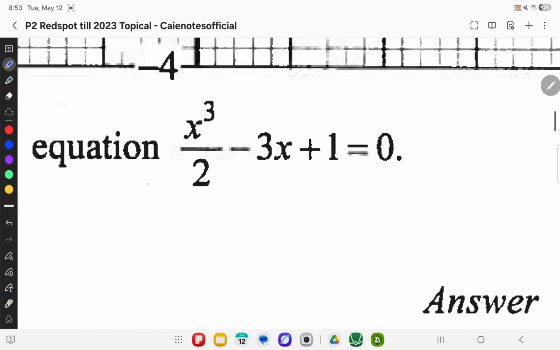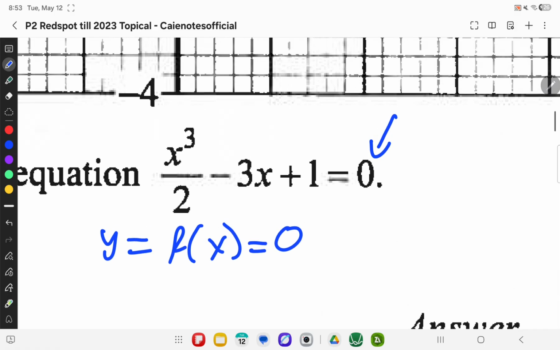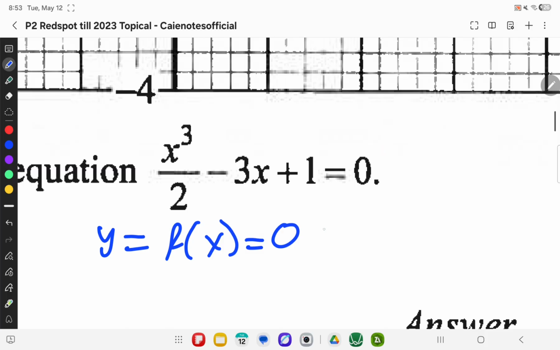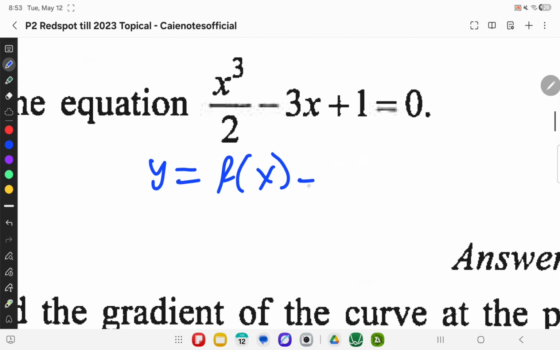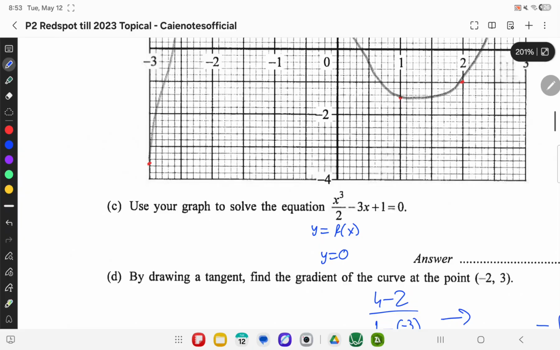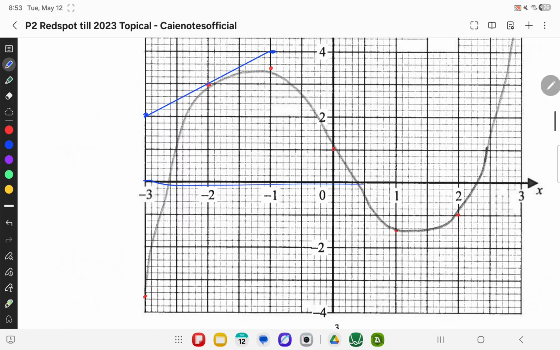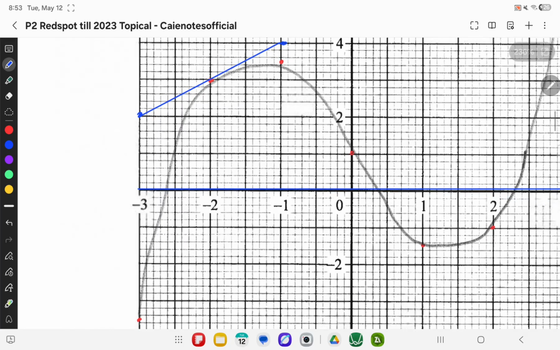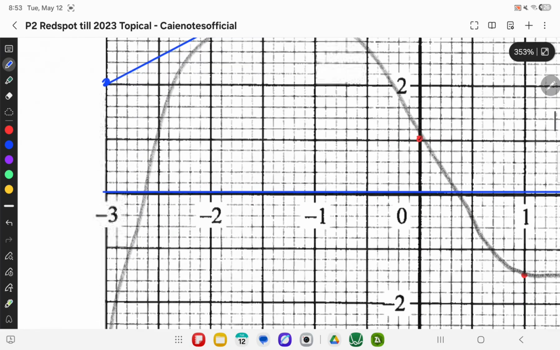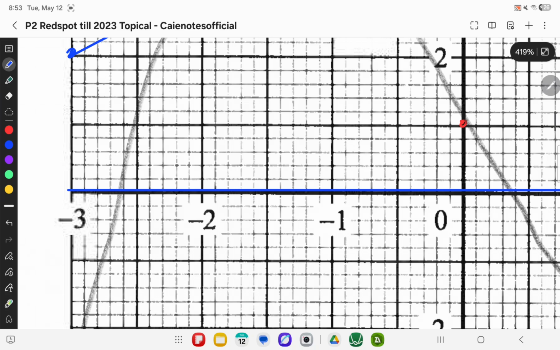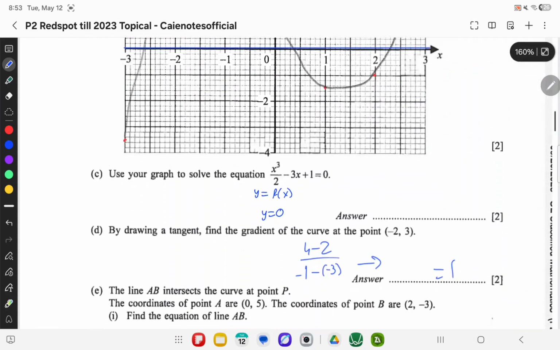This function is equal to 0. What is on the right hand side? A function as well. This is f of x and y is equal to 0. If we draw y is equal to 0, we'll find the solutions. So it is basically asking for the roots. So this will be at around negative 2.6.